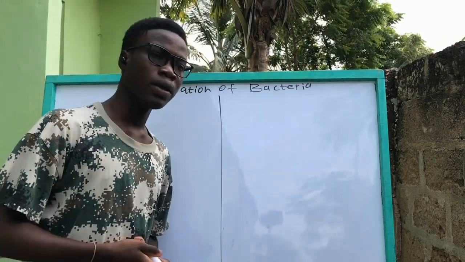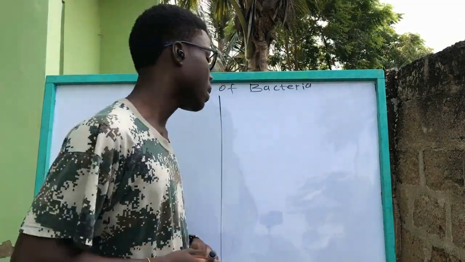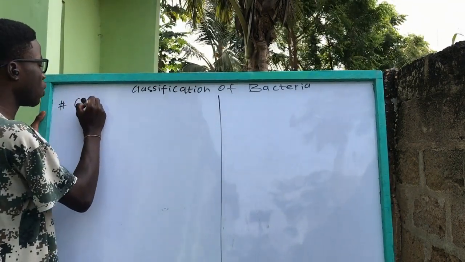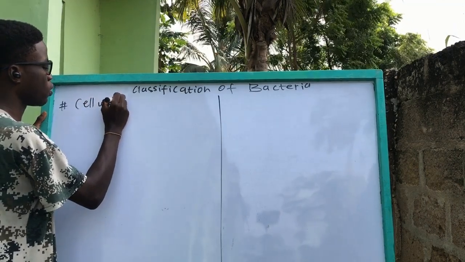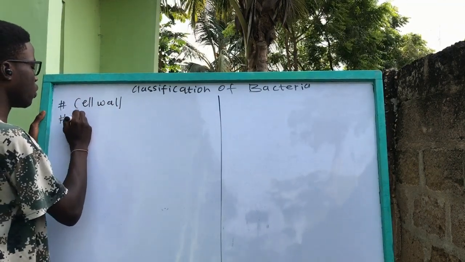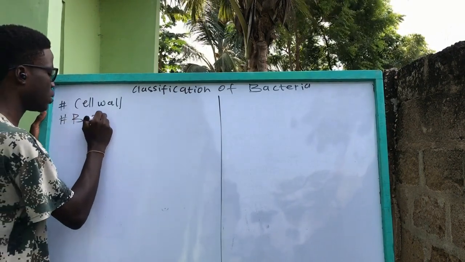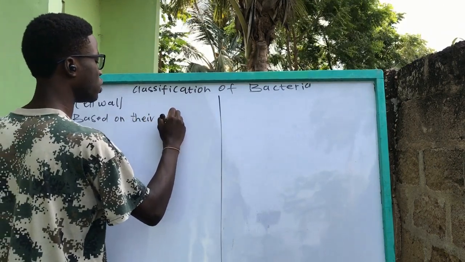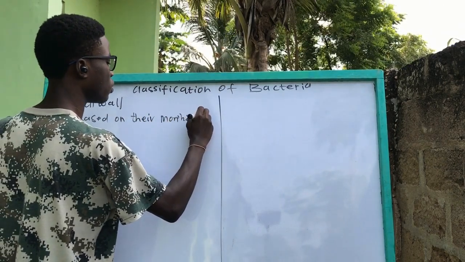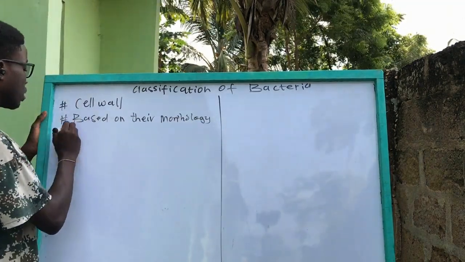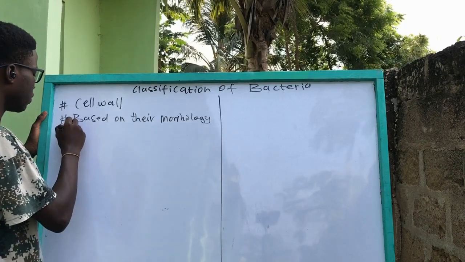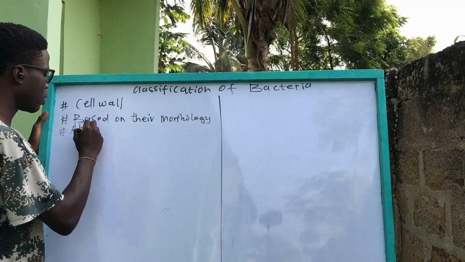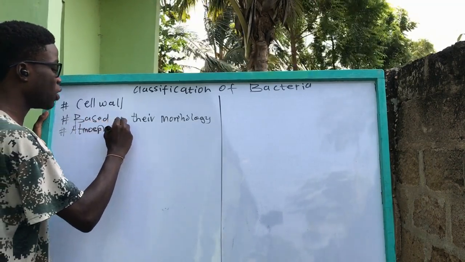Alright, so we can classify bacteria based on their cell wall. We can also classify bacteria based on their morphology. We can classify them based on atmospheric requirement.